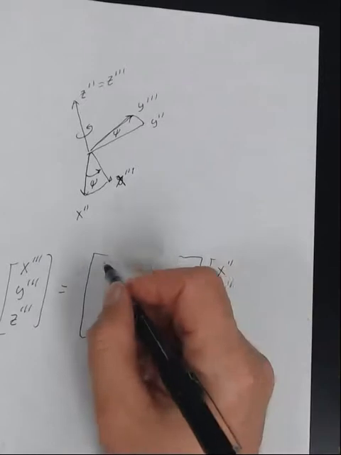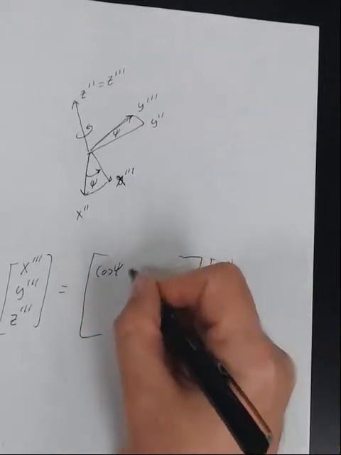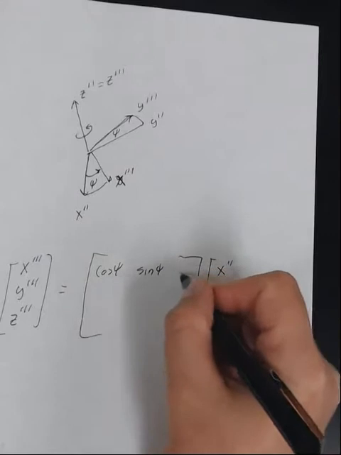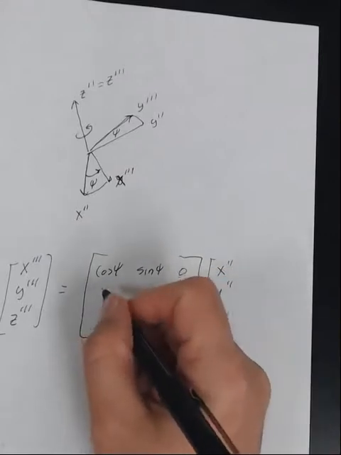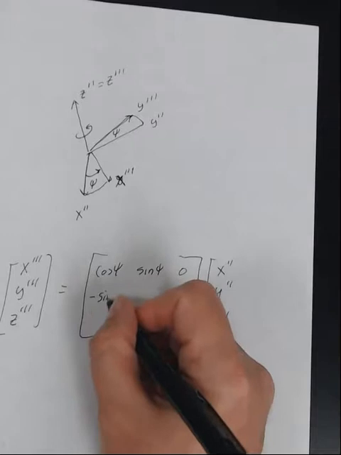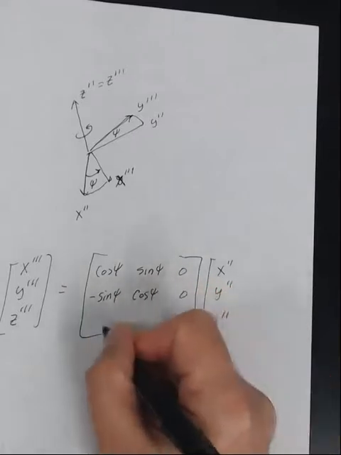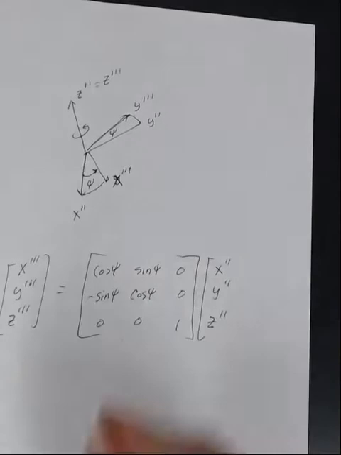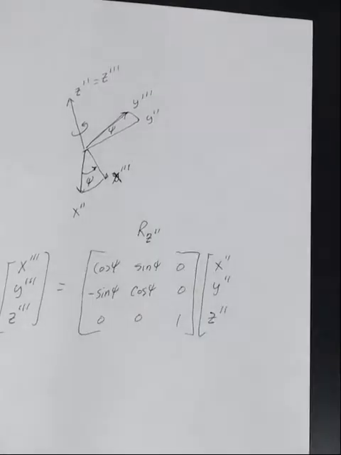So for x, it's going to change very much like before. Now it's going to be cosine psi, sine psi, 0. And for y, it's going to be just like before with theta, but now with psi: negative sine psi, cosine psi, 0, and 0, 0, 1. So this was R z double prime.